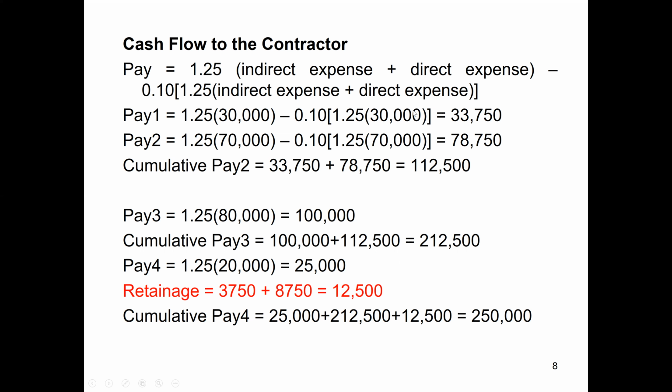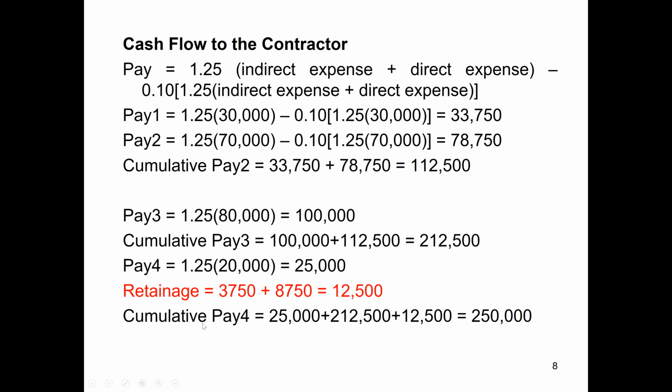If we multiply 0.1 by 1.25 by 30,000, the first month's retainage deduction was 3,750. For the second month, 0.10 multiplied by 1.25 multiplied by 70,000, the retainage deduction is 8,750. So the total retainage is these two values added, 12,500.